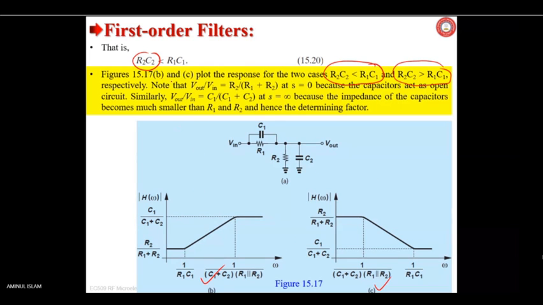These are the responses. Note that Vout by Vin equals R2 by (R1 plus R2) at H equals 0 because the capacitor acts as open. I mean to say this and this are open. What is left over? Two resistors R1 and R2. Yes or no?